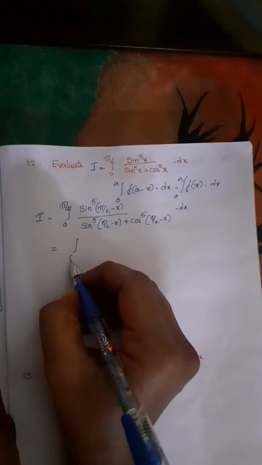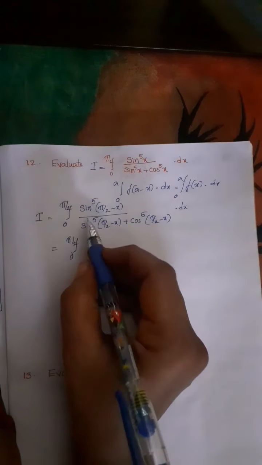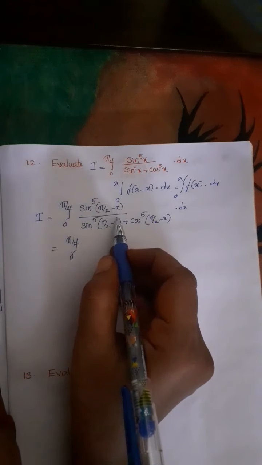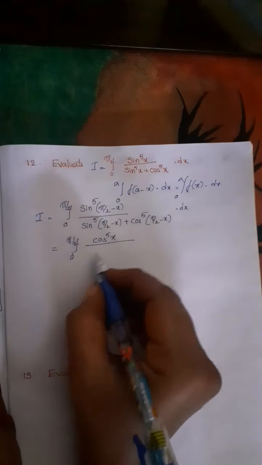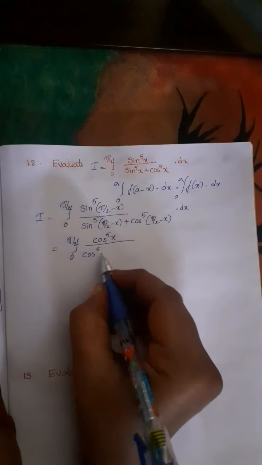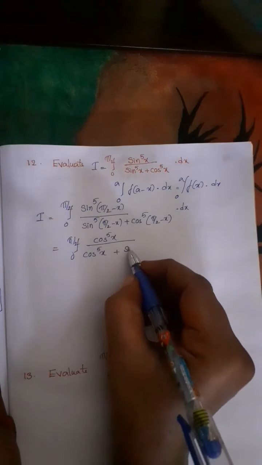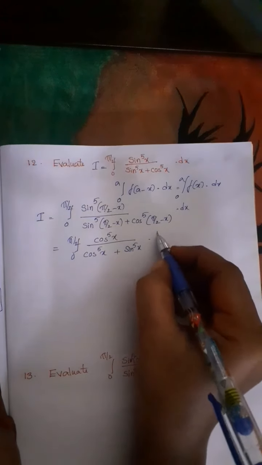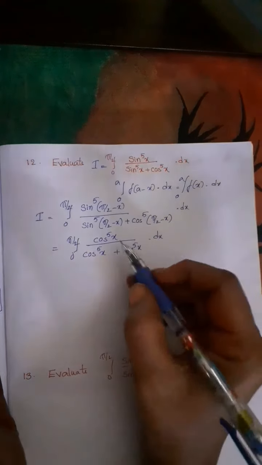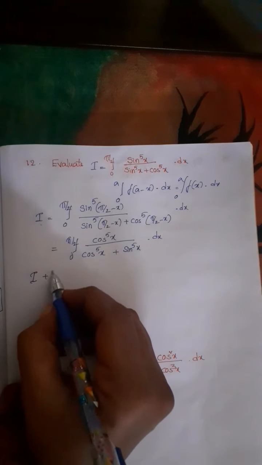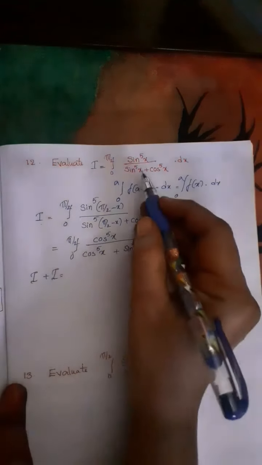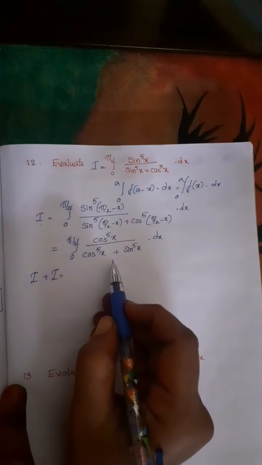which is equal to integration 0 to pi by 2. What is sine 90 minus theta? Cos theta, right? So here cos power 5x by cos power 5x plus sine power 5x dx. Okay, this is I, now I am considering I plus I. For one I am taking this one and for the other I am taking this one.